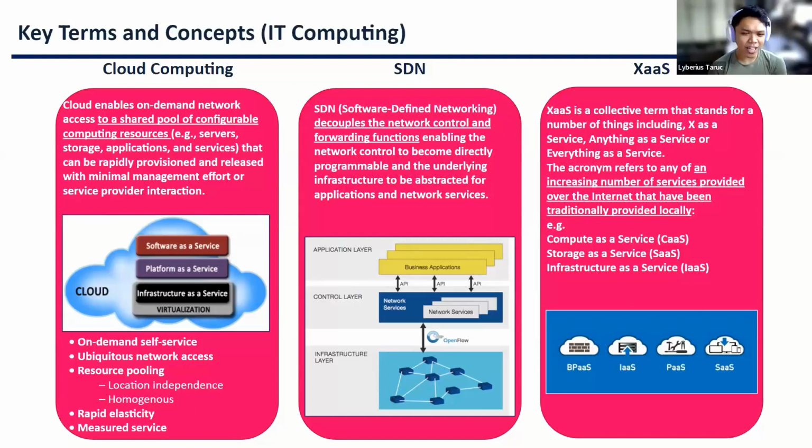An example of this is Google. They have what's called the Google Cloud Platform. GCP is actually a mixture between platform as a service and infrastructure as a service. So later I'll discuss this also.